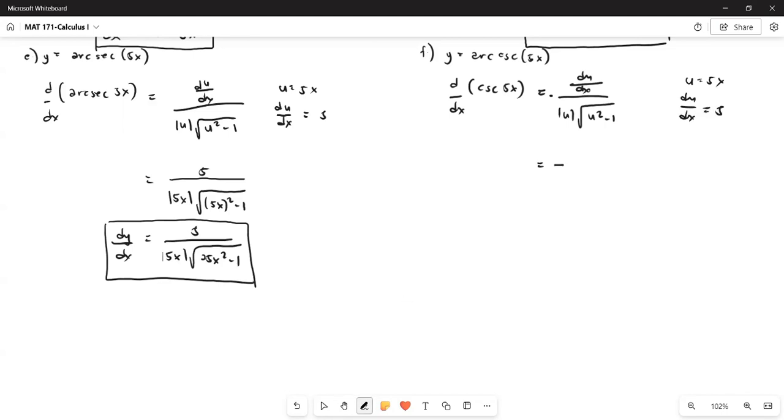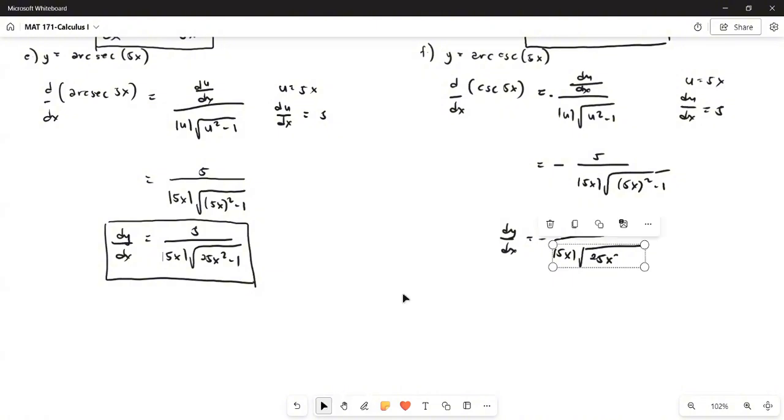Is equal to negative 5 over absolute value of 5x square root of 5x squared minus 1. So, simplify lang natin, dy over dx is equal to negative 5 over absolute value of 5x square root of 25x squared minus 1. So, yan na yung ating final answer.